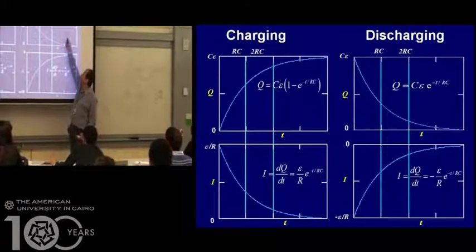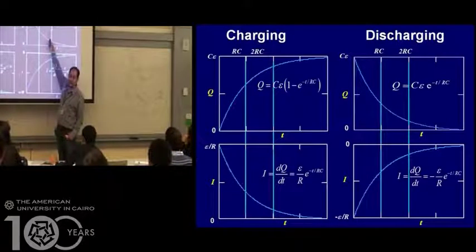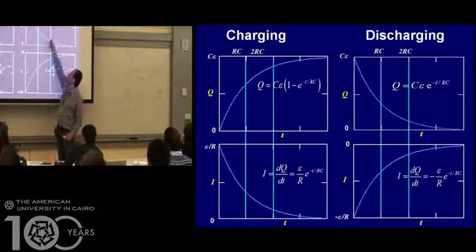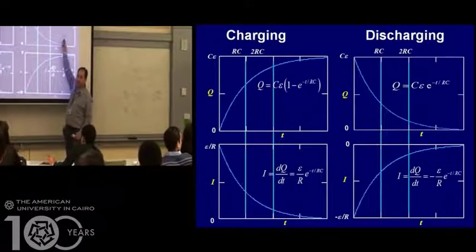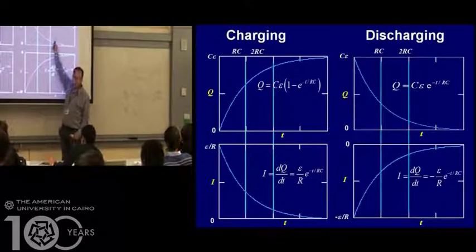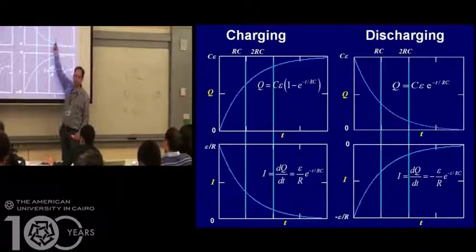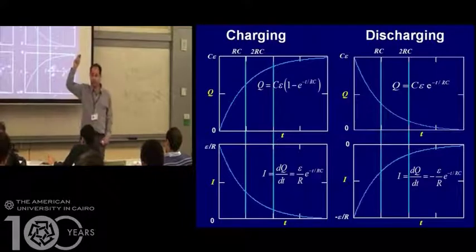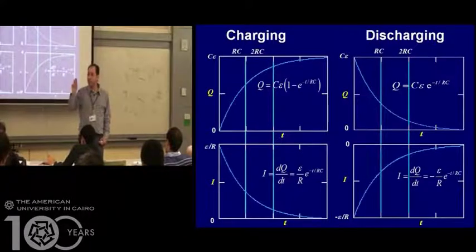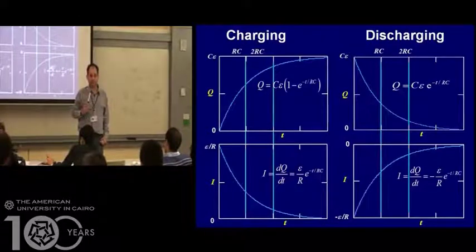At time equal to 0, what is the charge on the capacitor? And at time equal to infinity, what is the charge on the capacitor? So obviously this is the equation that describes the charge on the capacitor when we are discharging. So even though I give it to you in the exam, it's very easy to differentiate between them.